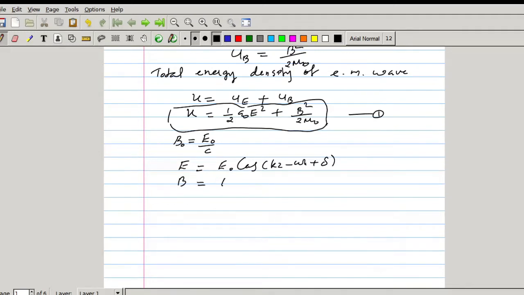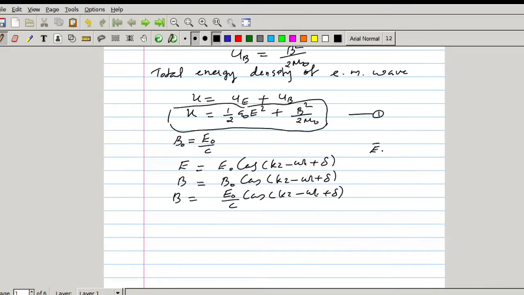B is equal to B0 cos(kz minus omega t plus delta), or B equal to E0 by C cos(kz minus omega t plus delta), since B0 is E0 by C. Electric and magnetic field vectors have the same phase, kz minus omega t plus delta. So the phase is the same, but the amplitudes of the wave are different, and they are vibrating in different directions.